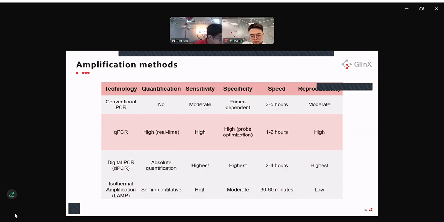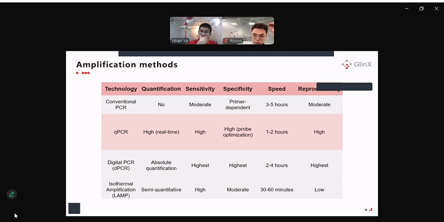And the next one is digital PCR. This kind of method can be recognized as the most accurate method. For the qPCR method, even though we say it provides us with a quantity result, it is not a real quantity result. Only digital PCR, dPCR, will provide us with absolute quantification results.